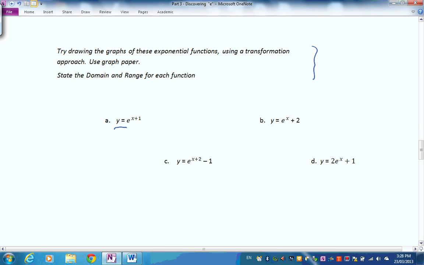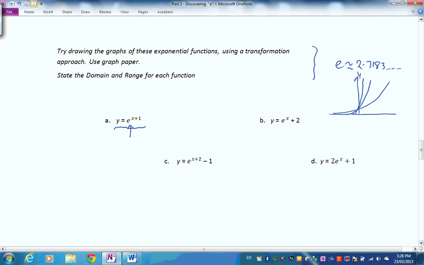So the idea, of course, if you've learnt quite a bit about transformations, now if we have e as the base, that's not going to make a lot of difference, because, as you can see so far, e is approximately 2.7183, and then it keeps going. So when you draw the graph of e to the x, it's going to be steeper than 2 to the x, quite a bit, but not quite as steep as 3 to the x.